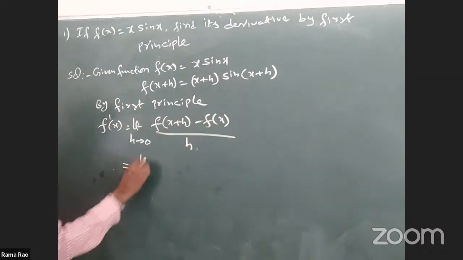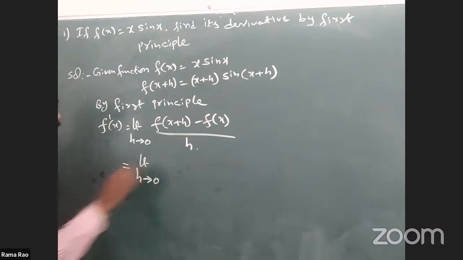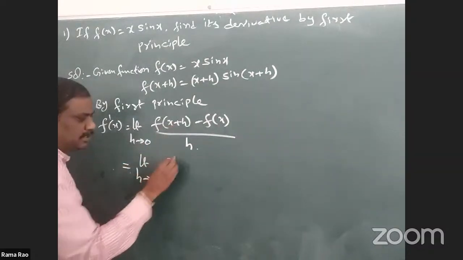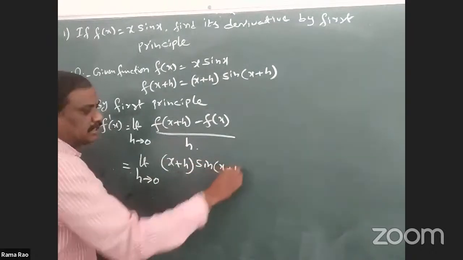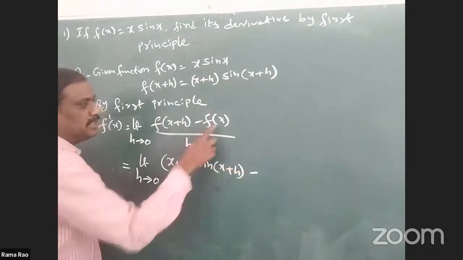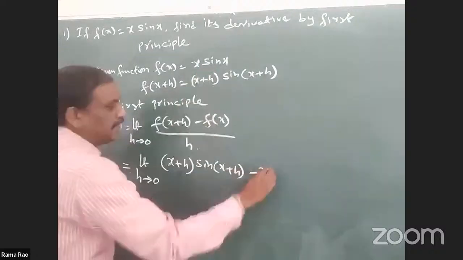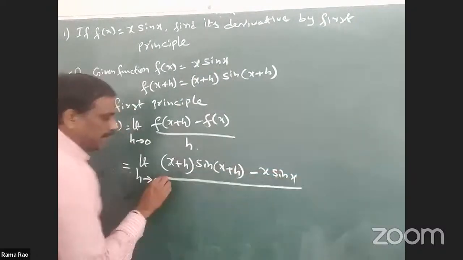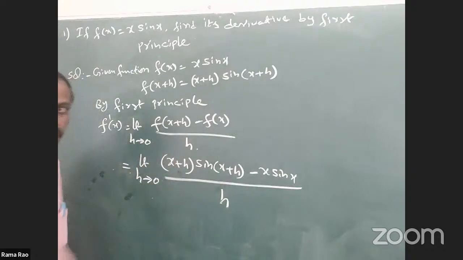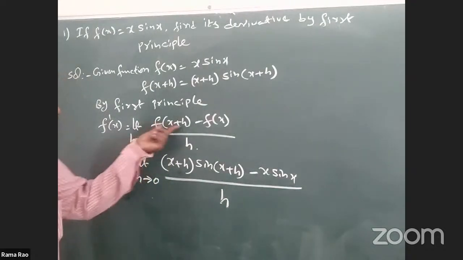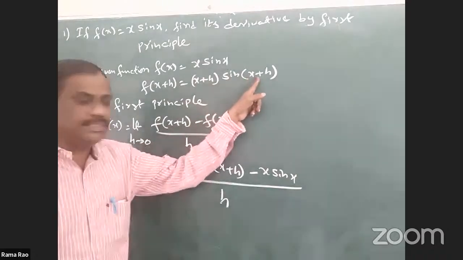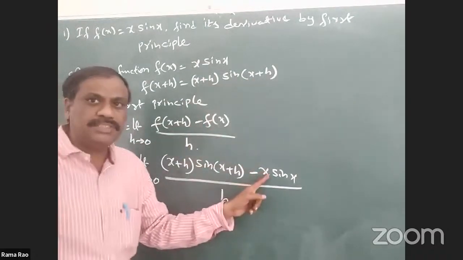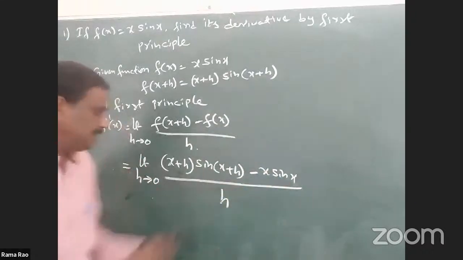This is equal to limit h tends to 0, f of x plus h means x plus h into sin of x plus h, minus f of x means x sin x, by h.